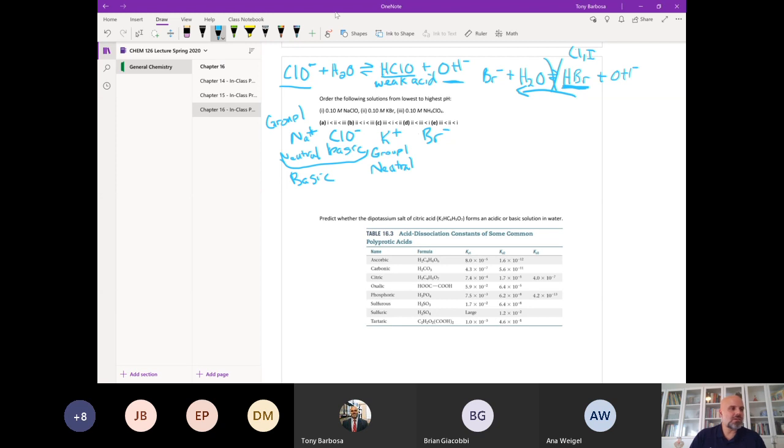Anybody want to change their votes? So acidic, basic, or neutral? Correct, because Br minus is the conjugate base of a strong acid, we're therefore going to end up with a neutral solution.